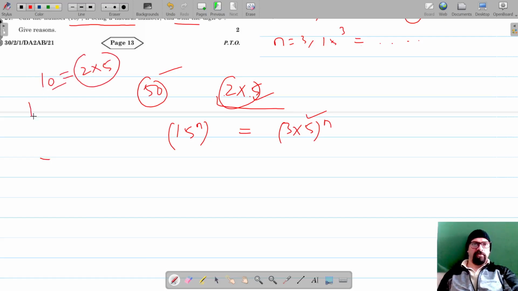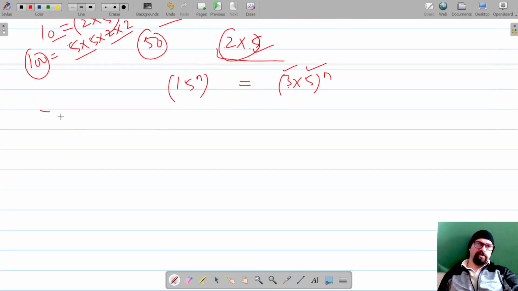If it's 100, it's 5 into 5 into 2 into 2. So both the prime factors 2 and 5 are a must for a number to end with digit 0. And if it's 50, it has 2 and 5, but 15 has the prime factors 3 and 5, where there is no 2.